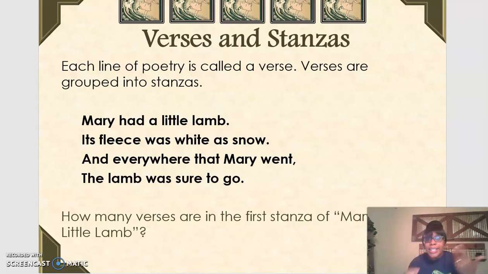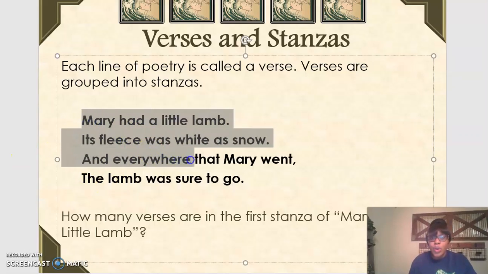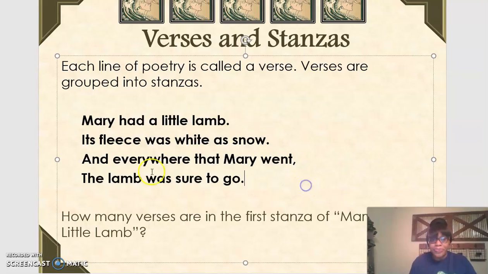When you look at verses and stanzas, each line of poetry is called a verse because poems are written in lines or verses. So verses are grouped into stanzas. So looking at this stanza, how many verses or lines are in the first stanza of Mary Had a Little Lamb? How many? 4. We have 1, 2, 3, 4 lines in this stanza.